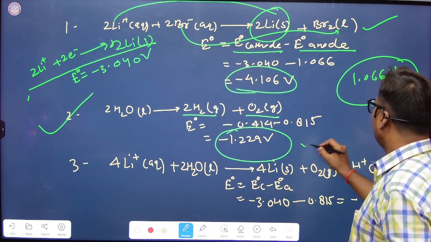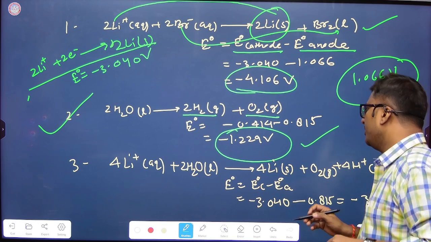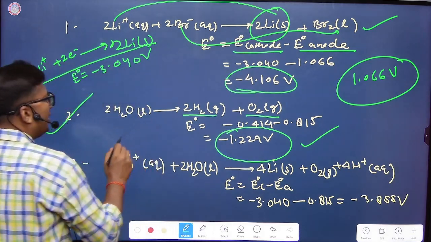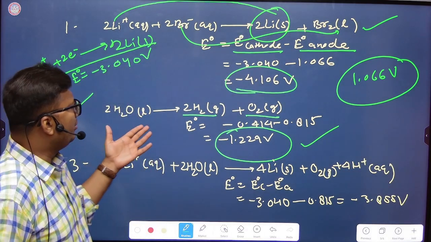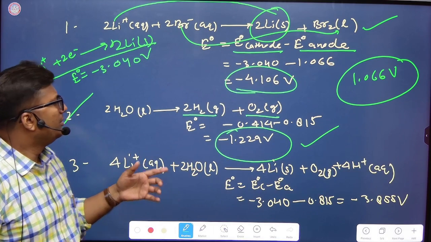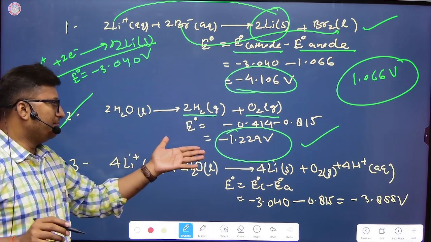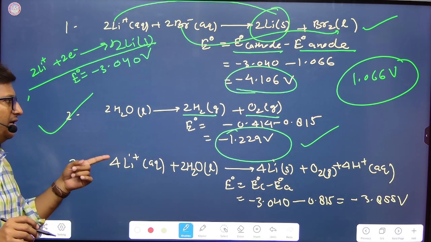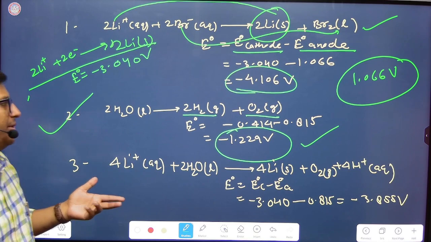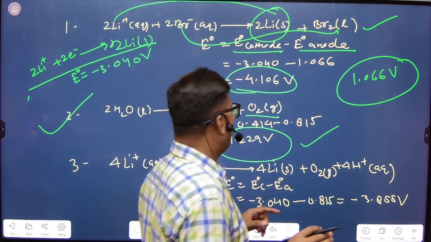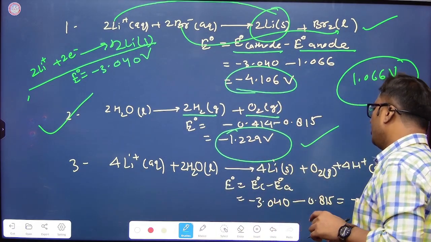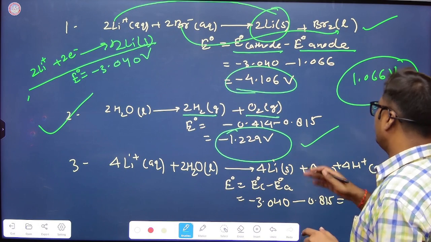So again it is thermodynamically non-favorable. The decomposition of 2 moles of water is thermodynamically restricted because it has a negative cell potential, or you can simply say it has a positive free energy change. Again this produces a negative cell potential, so delta G is positive.